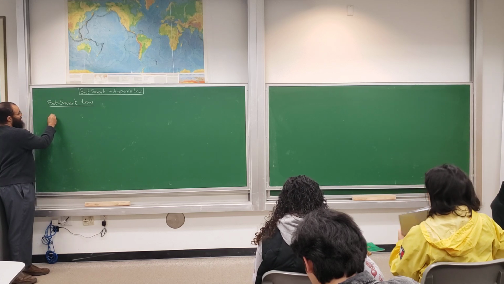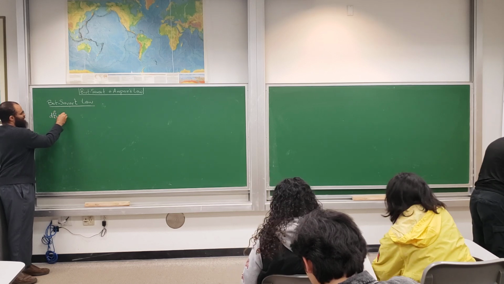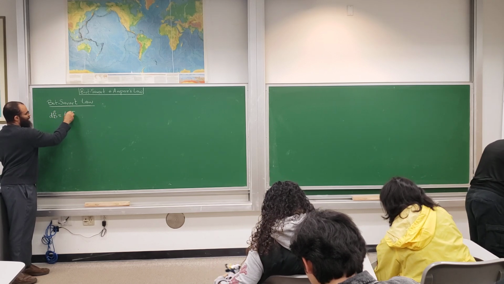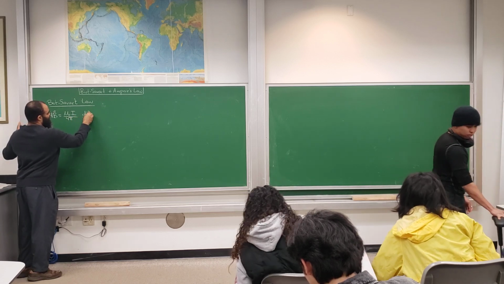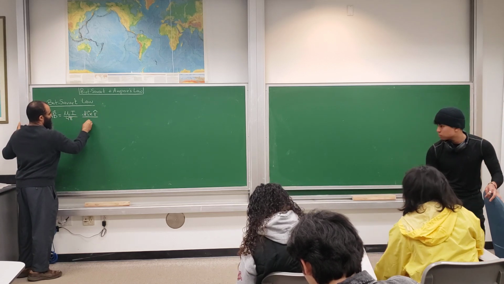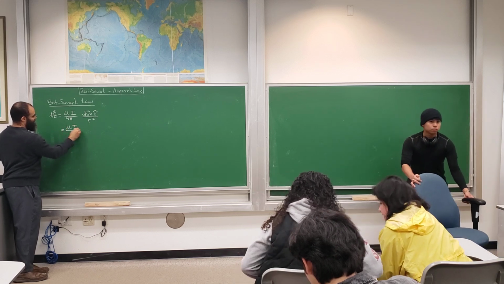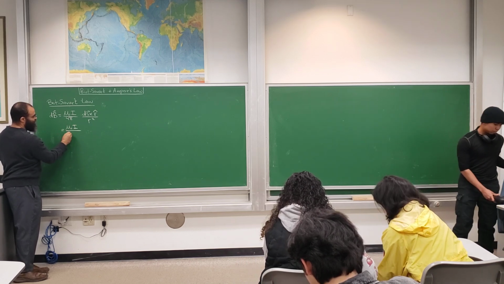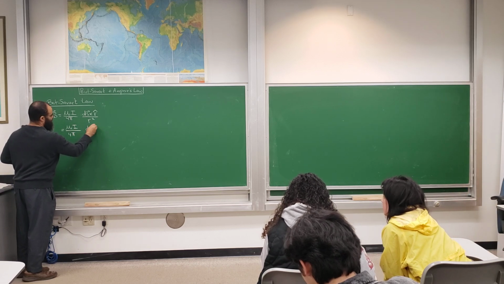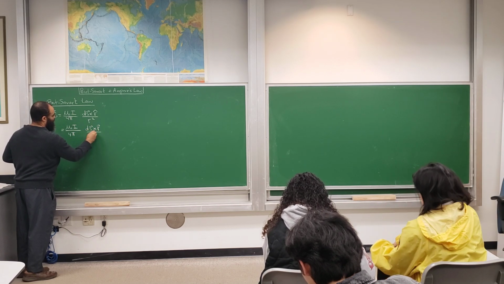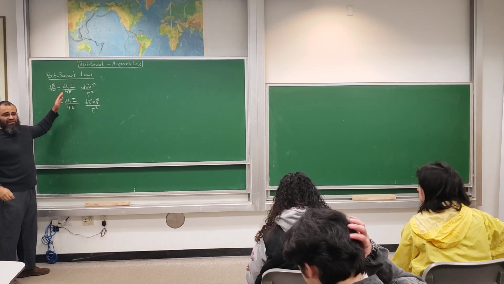We said the law states B is equal to mu naught I over 4 pi, ds cross r hat over r squared, or another way to state it, mu naught I over 4 pi, ds cross r over r cubed. Okay? And what do all these mean?